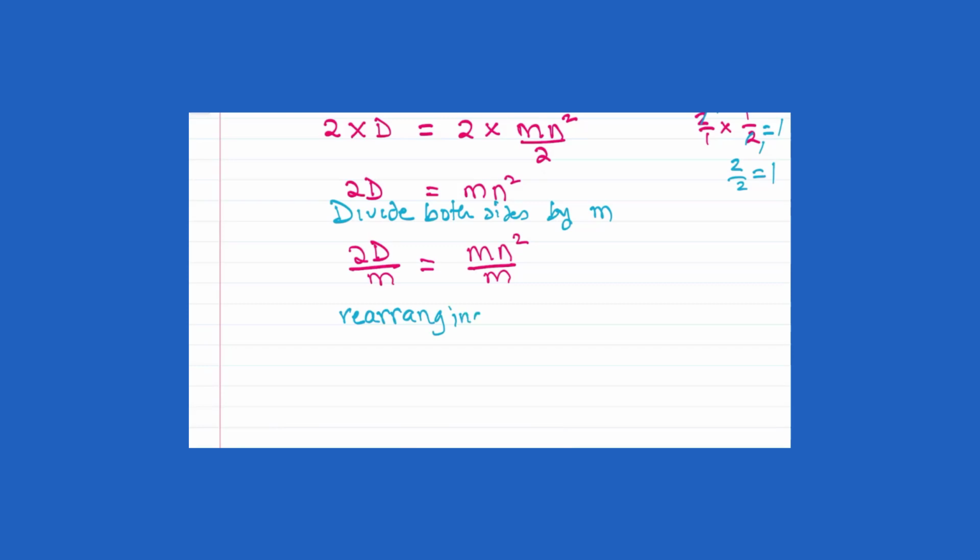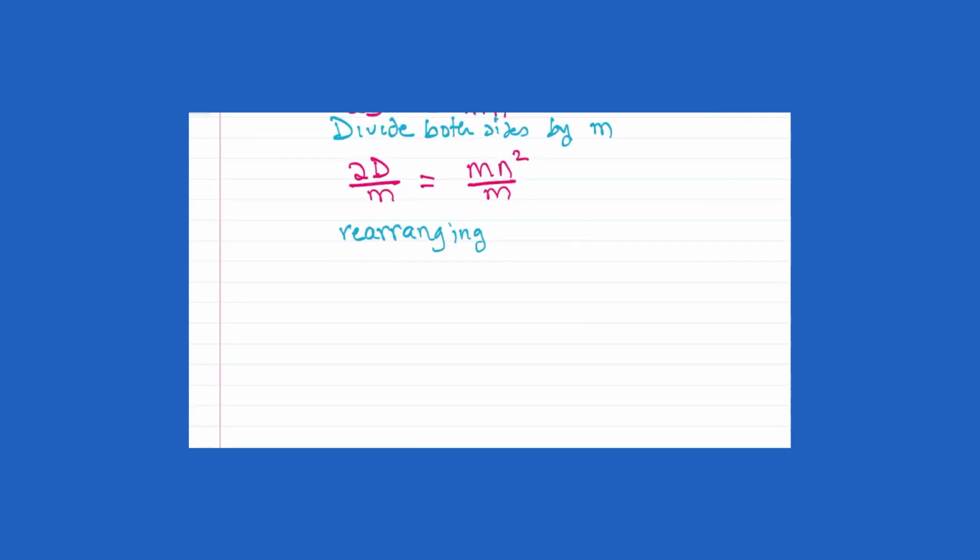So this now becomes m n squared over m and 2d over m. m divides m, and that will be 1, so this will cancel out. We are left with n squared is equal to 2d over m.